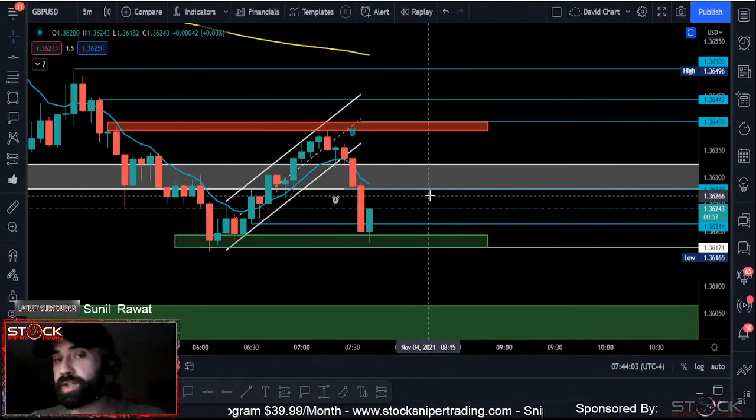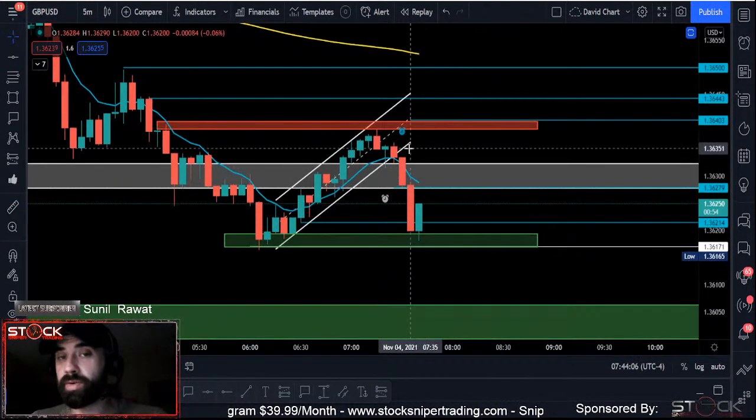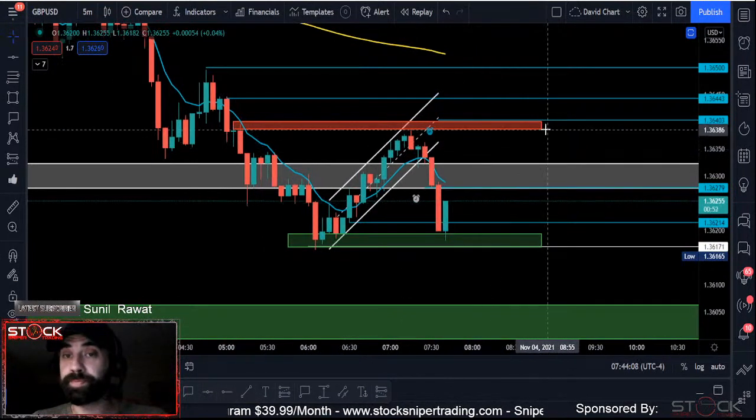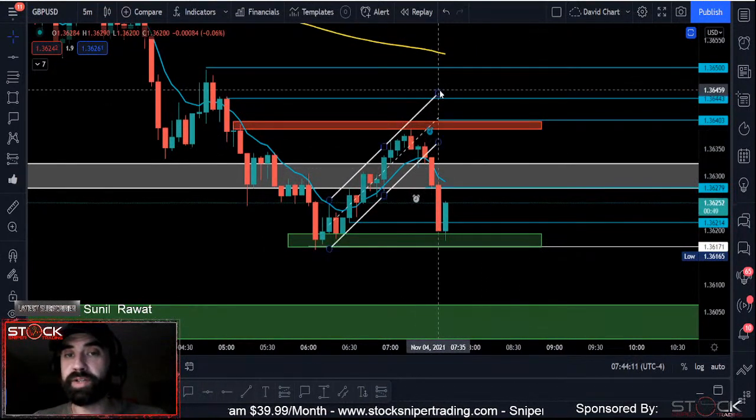So now watch, see what's happening here. We're coming into a demand zone, so we'll see if we're going to get a retracement here. I'm going to erase this parallel channel since we just fell out of it.